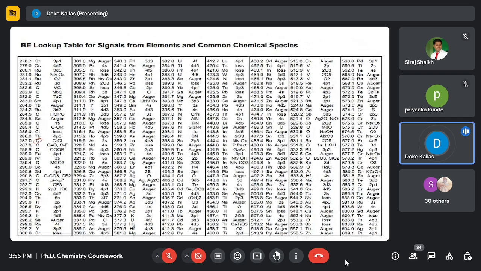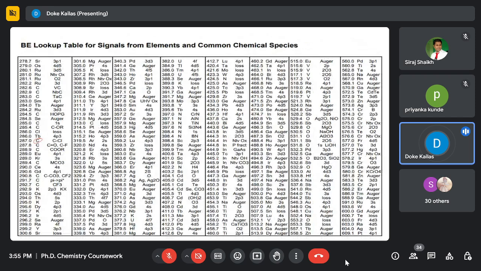It enters along with the photoelectrons, the proper photoelectrons and secondary electrons, and this also gives some peaks: one peak, second peak, third peak. So this Auger electron data is also available. Say for example, 640.42 electron volts. This is for nickel.